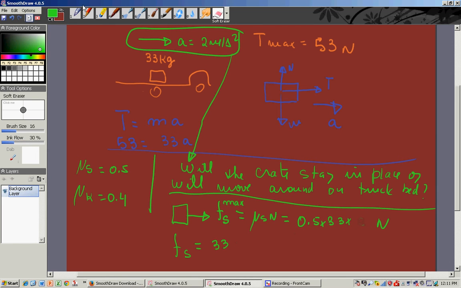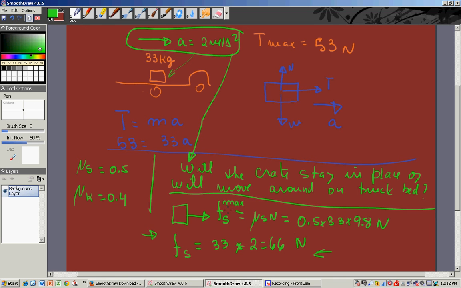But according to Newton's second law, the static friction, the net force, is equal to mass times acceleration, which is 66 newtons.